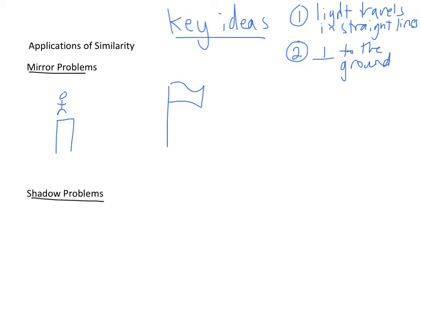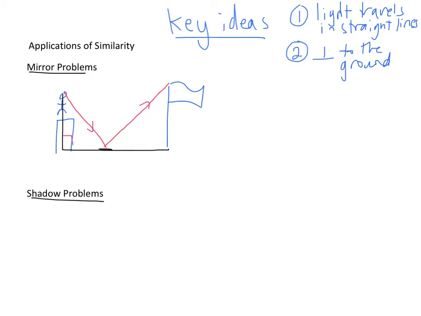What's cool is if there were a mirror right here on the ground, positioned in such a way that you could see down and the reflection off of that mirror would show the exact top of that flagpole, then you would be forming some similar triangles using the assumptions that we talked about before.